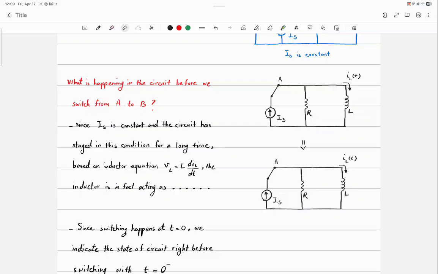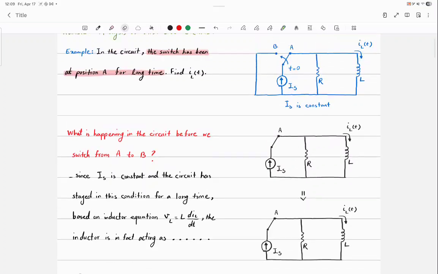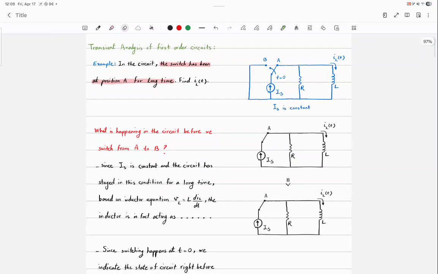But do you see the connection between what he said? He said it's fully charged, and the sentence, the switch has been at position A for a long time. It means that whatever was supposed to happen to the inductor, it has had enough time for everything to settle down and go to a steady state.